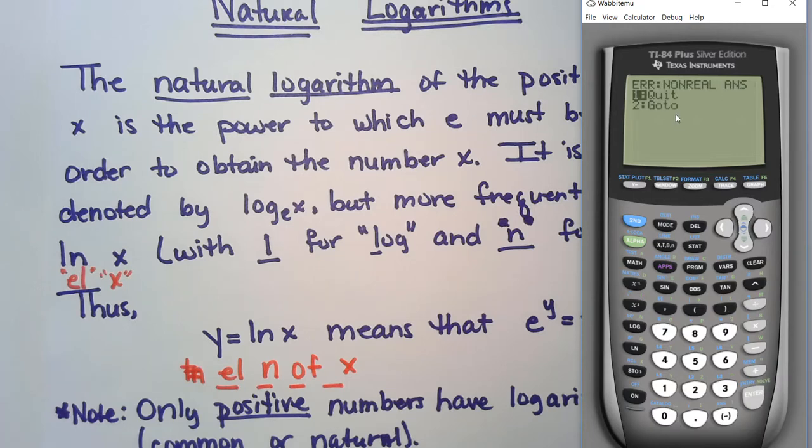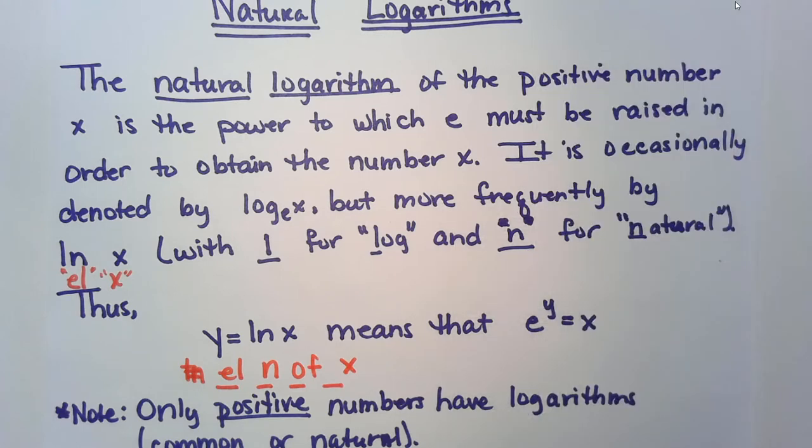It says non-real answer. So we want whatever we're taking the log of to be positive. Even if I say ln of -5, that's our natural log, ln represents natural log, same thing, error, non-real answer. So we want that to be positive.